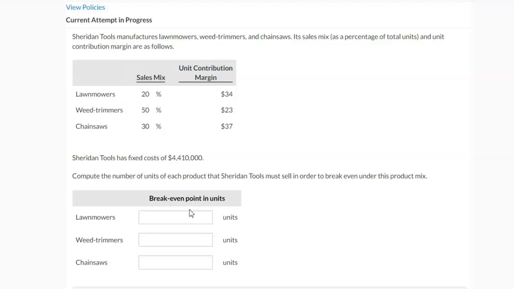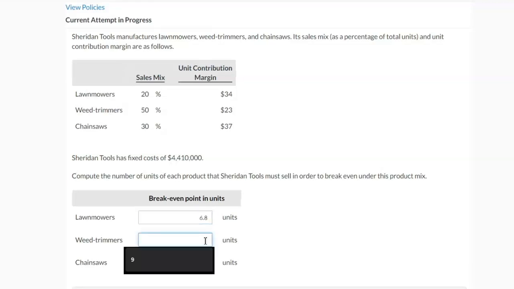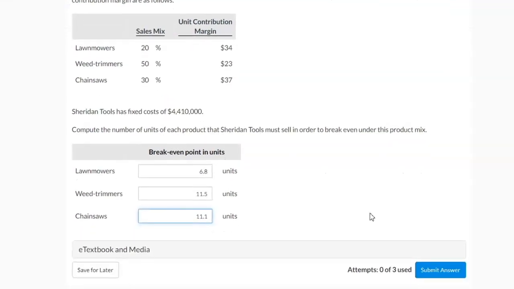34 multiplied by 0.2. That is 6.8 for lawnmowers. Yes. 23 multiplied by 0.5. That is 11.5. And then 37 multiplied by 0.3. That is 11.1. So I think the class would have different numbers in their system. But this is not the answer. That's not the break even.